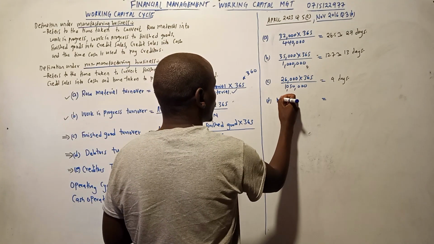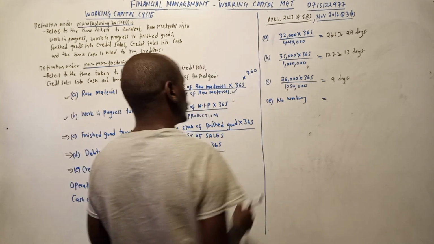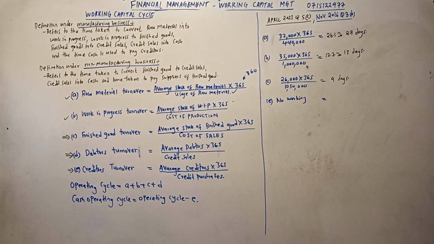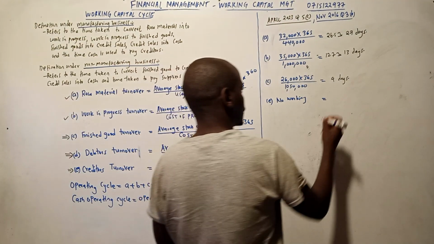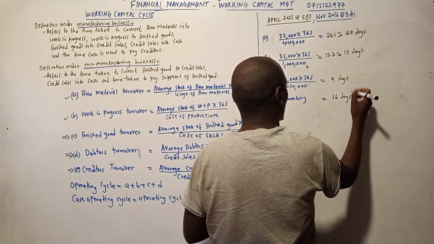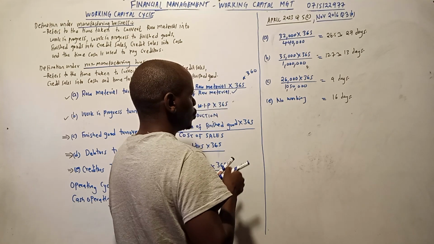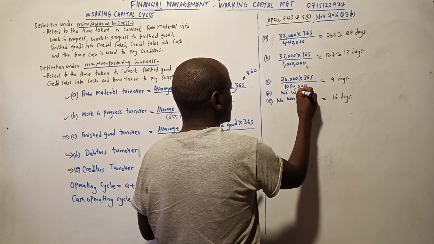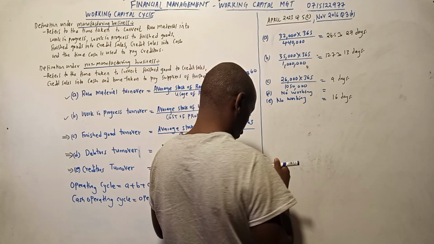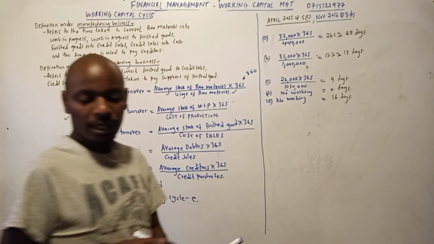Debtors turnover is not there in this case because we have not been given the value of debtors, but we have been given the number of credit days allowed, which is 16 days. So D is no working, which is 0 days. The company does not operate with debtors.